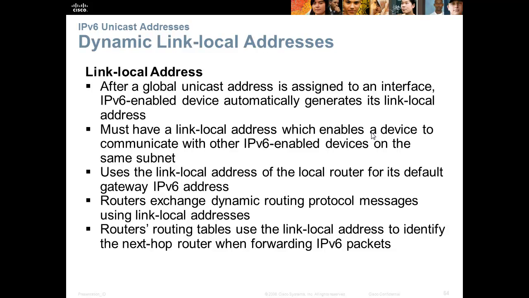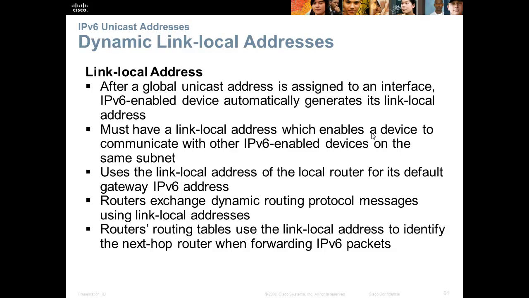The link local address is used to communicate with other devices, other IPv6 devices, I should say, on the same subnet. It uses the link local address of the local router for its default gateway. So when we're taking a look at default gateway addresses, we'll see a link local address because our default gateways are always on the same subnet that we are.